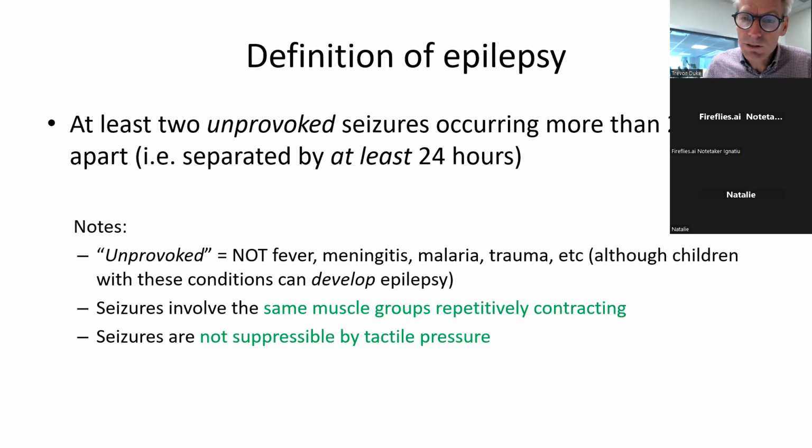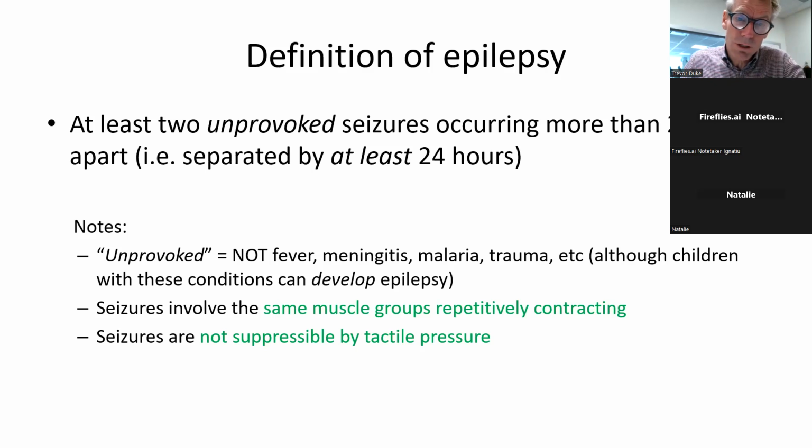To define epilepsy is important, and it's important that it doesn't just mean having a seizure. The international definition of epilepsy has stood for a very long time, and it includes at least 2 unprovoked seizures occurring more than 24 hours apart. So what that means is complex.